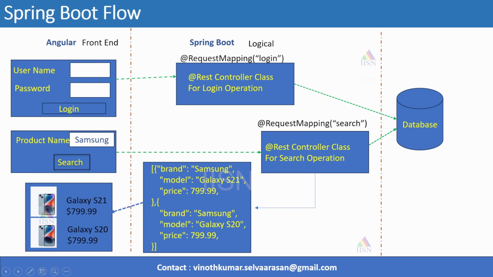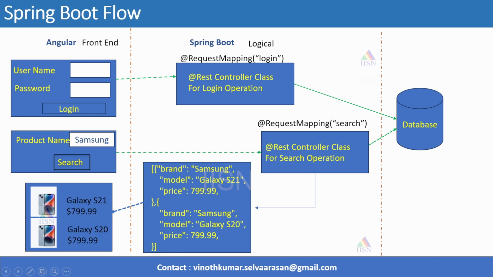And then we are going to see request mapping. As we already discussed, it is the endpoint we are going to give for each class or method. So when the user gives the username and password and clicks the login button, it transfers that information to this particular class. That class should be annotated with @RestController.